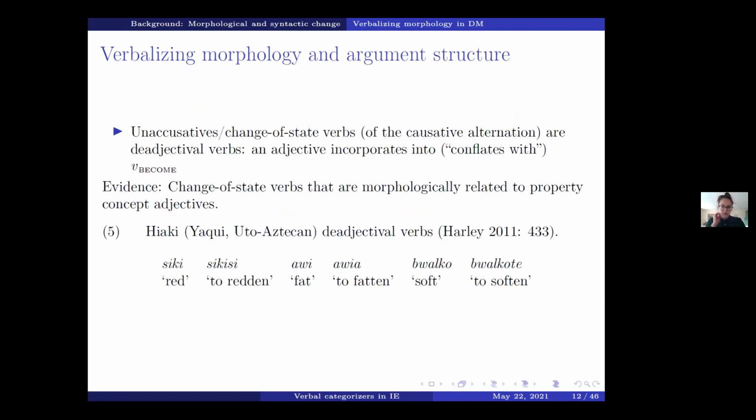And the same for certain unaccusative change of state verbs, namely those associated with the causative alternation. So some of these are thought to be deadjectival verbs where an adjective incorporates into or conflates with little v become projection. And again, the evidence comes from change of state verbs that are morphologically related to property concept adjectives in a variety of languages.